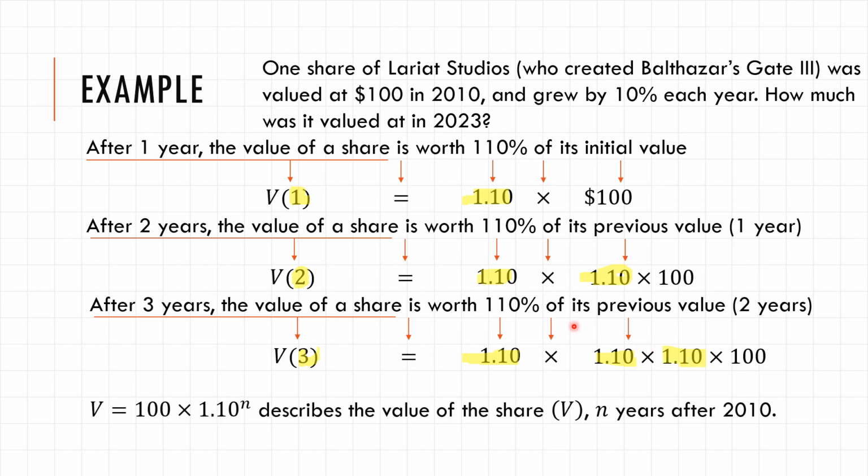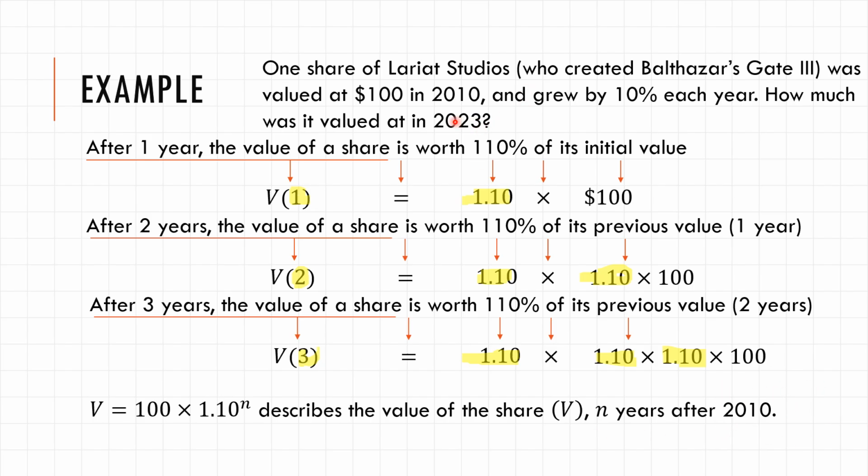So the value always seems like it's going to be 100 multiplied by 1.10 to the power of n. That would describe the value of one share, V, n years after 2010.